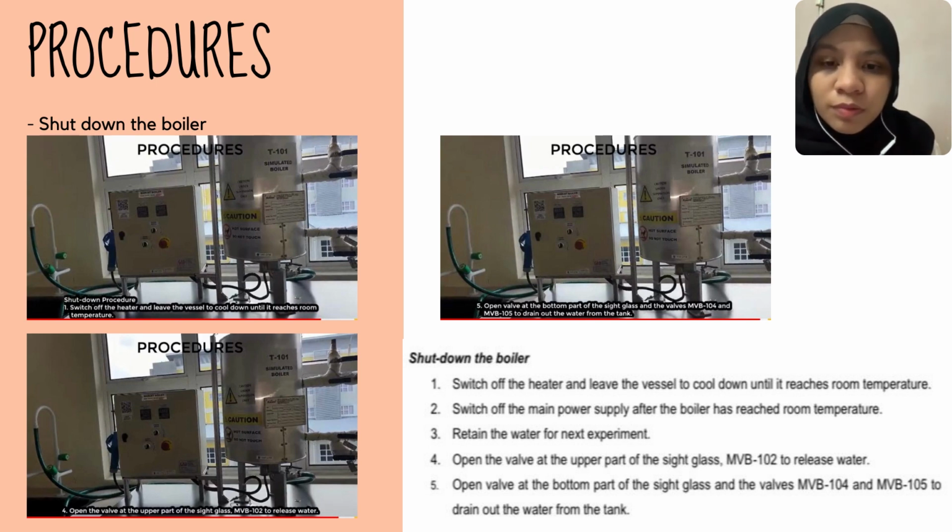For step number 4, we need to open the valve at the upper part of the side glass, MVB 102, to release water. And lastly, we need to open the valve at the bottom part of the side glass and the valves MVB 104 and 105 to drain out the water from the tank.